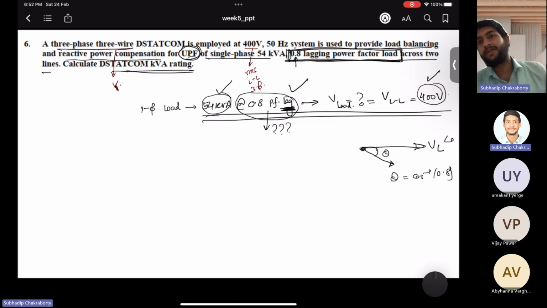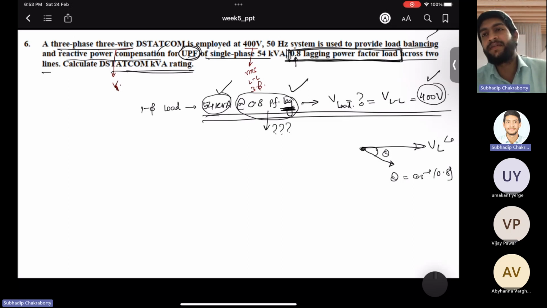First, let me know what will be the approach. You know that it is providing load balancing. You know that it is providing reactive power compensation. That means you know that after compensation, the supply side power factor is also unity. So you need the DSTATCOM kVA rating.